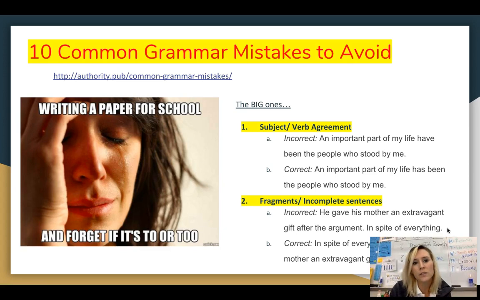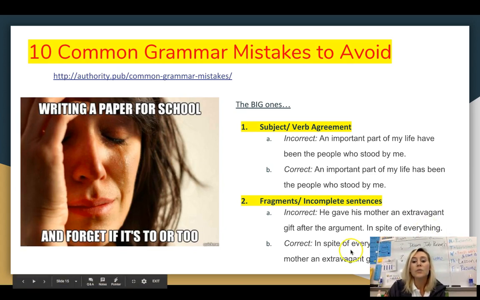You're waiting for the rest of that thought to finish, so it can't be a sentence by itself. Instead, you need to combine those two sentences together because this is a dependent clause. It depends on the independent clause that goes with it. In spite of everything, he gave his mother an extravagant gift after the argument. Or, he gave his mother an extravagant gift after the argument, comma, in spite of everything. Either way would work.